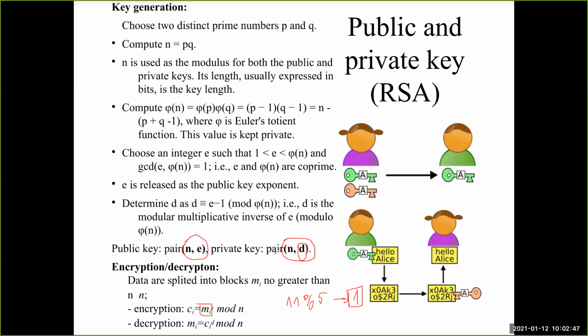But the key thing is that the private key cannot be published, so it can be given to no one. You should keep it secure, but the public key you can send to everyone.